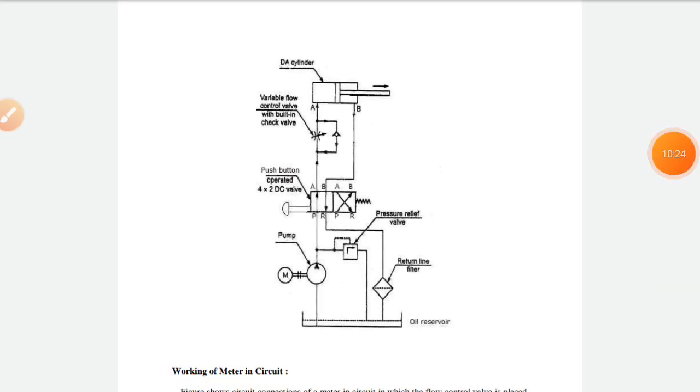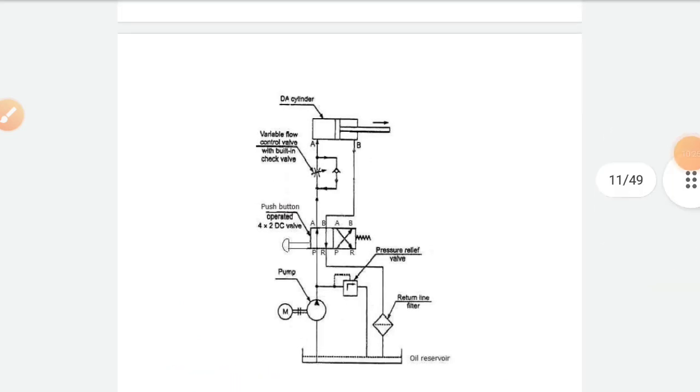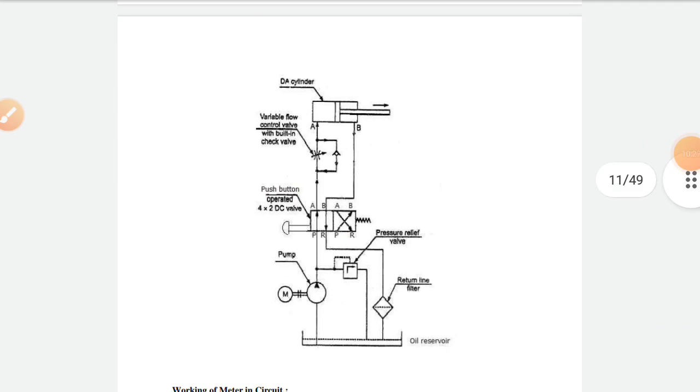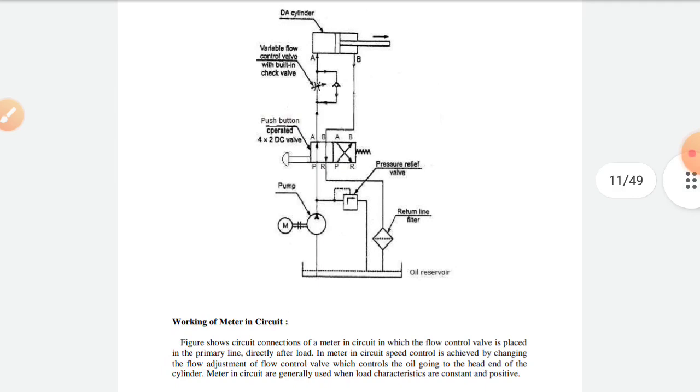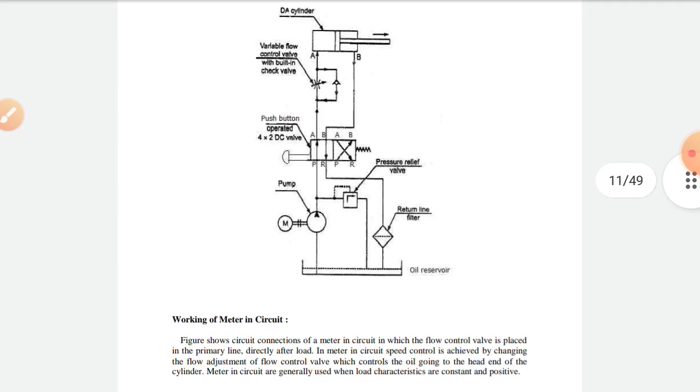One more circuit, the metering circuit shown in the figure. So this is also a metering circuit. So, the working of a metering circuit. The figure shows circuit connections of a metering circuit in which the flow control valve is placed in the primary line directly after load.